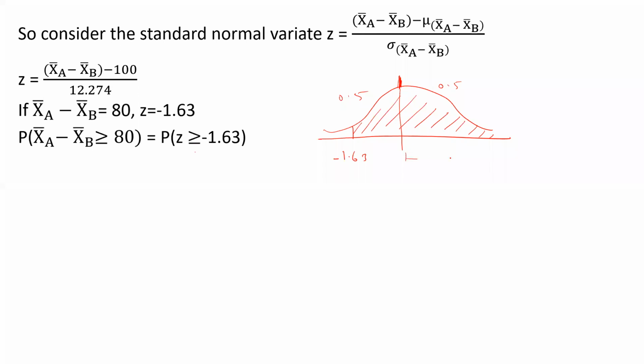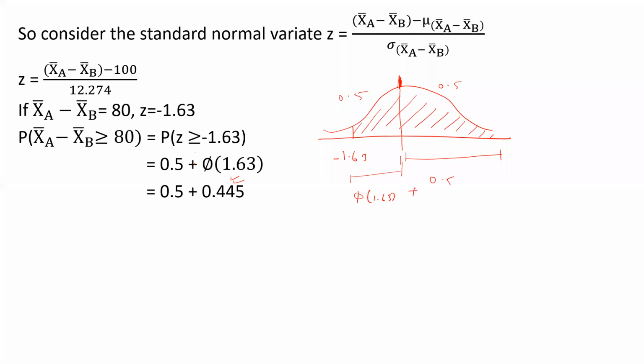So it means this area will be complete 0.5 plus this particular area, which is the area of 1.63. So when you add these two, you will get the complete area of the shaded region. So I've written here, this will be 0.5 plus area of 1.63. So this value you have to calculate from normal table or calculator. So when you calculate area of 1.63, you will get 0.445. And when you add this, you will get the probability as 0.945.